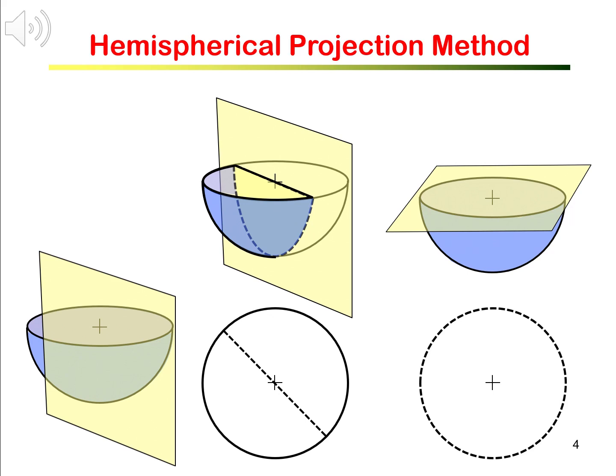If you project this vertical semicircle to the horizontal plane, what will you get? You'll get a straight diametrical line as shown by the dotted line in the middle figure below. You see that a vertical plane in space, by hemispherical projection, is now presented by a diametrical straight line on the plane.